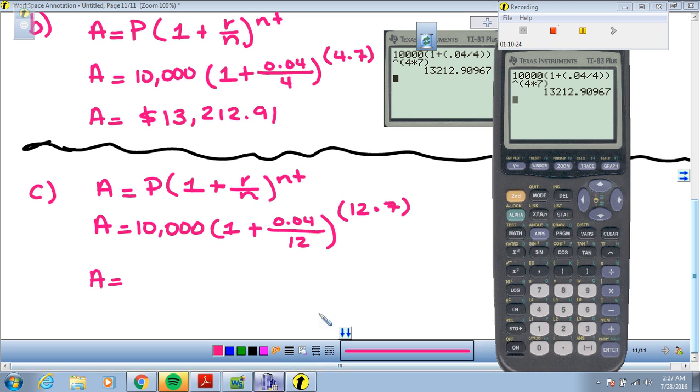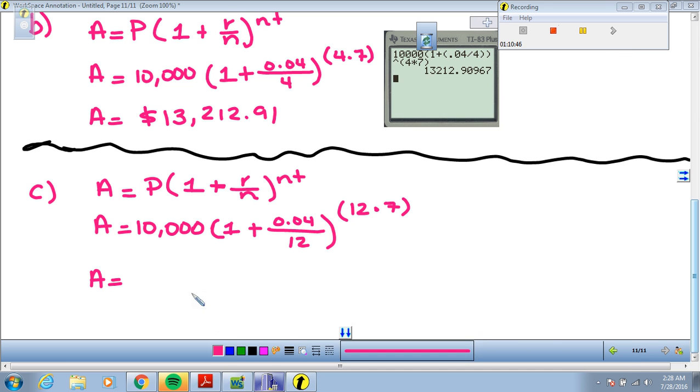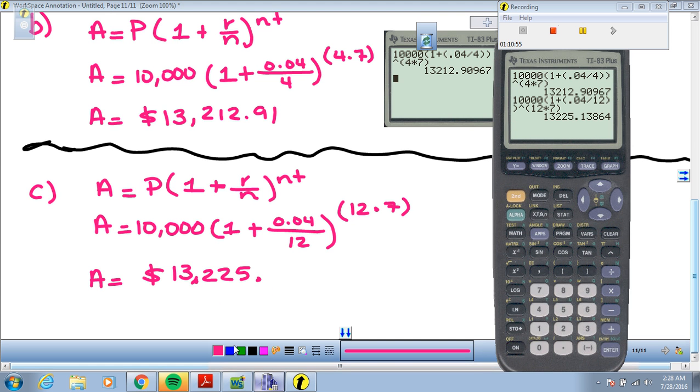So we put again all this: 10,000 times 1 plus 0.04 divided by 12, close, close, raised to the 12 times 7. So 13,225.14.